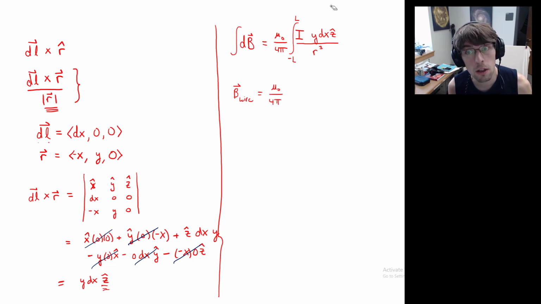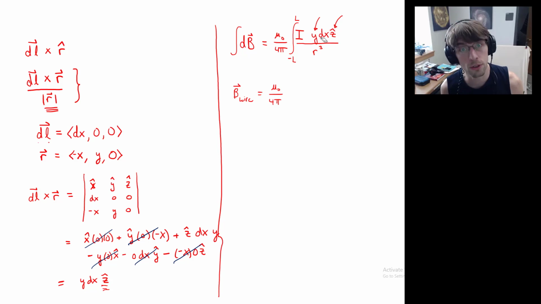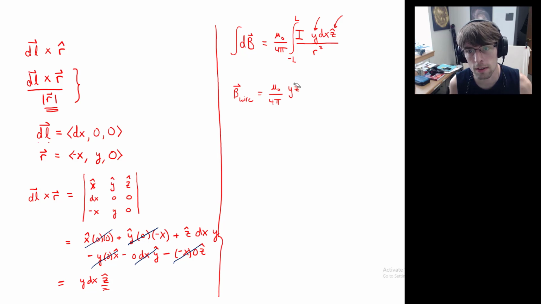Notice as well that things like y, the position of my field point above the source, the wire, stay constant. So I can pull that out. And even better, this one's always the nice one. Notice that z hat is also constant. It points in the same direction in space. So I can pull that out of the integral. So I have y z hat.